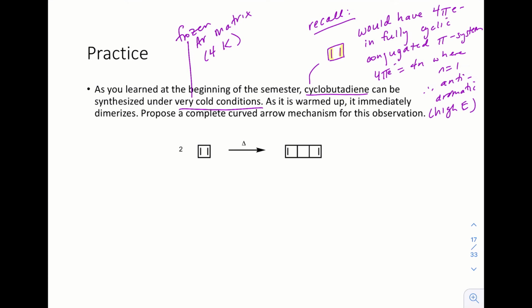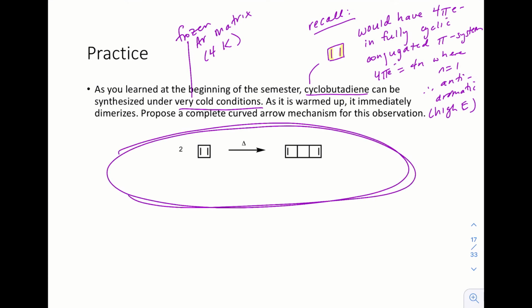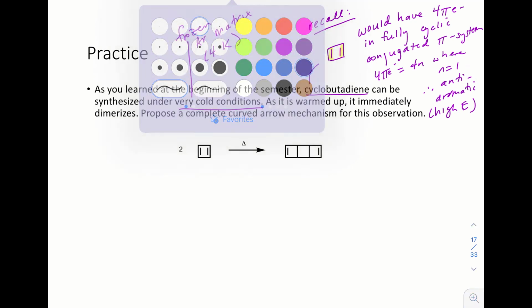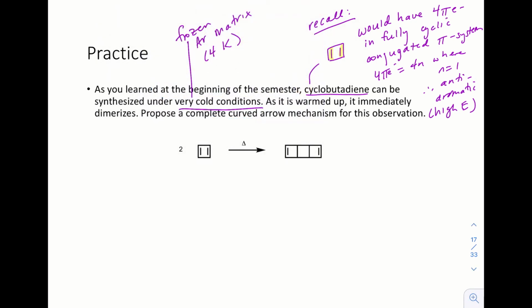But for our purposes today, let's check out this really interesting reaction. As cyclobutadiene is heated, and by heated, I mean warmed above 4 Kelvin, a very interesting reaction occurs. Cyclobutadiene dimerizes. Two molecules react with one another to form this product.